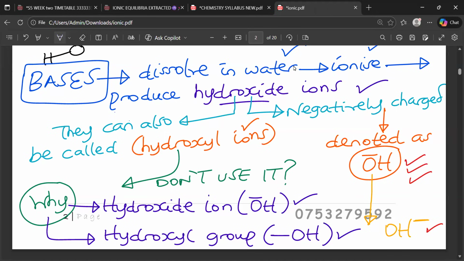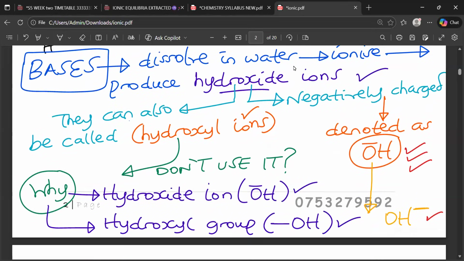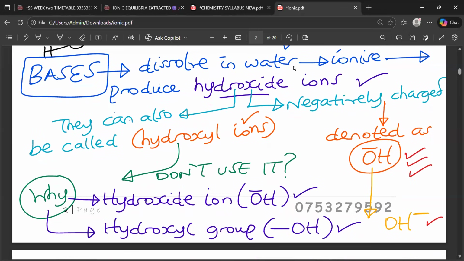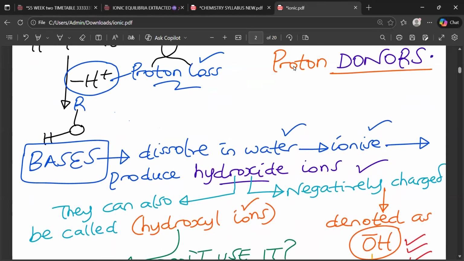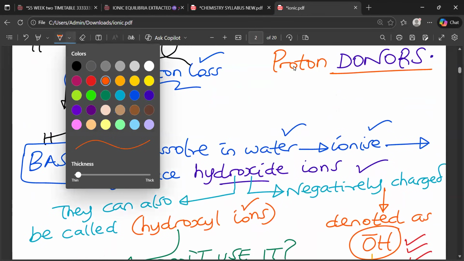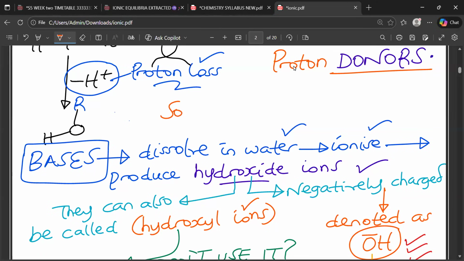Okay, I think I'm done. Now, that is the brief information about bases, dissolving in water, ionizing, giving you those ions, and so on and so forth. The other thing I want to tell you is that the word ionizing is better.